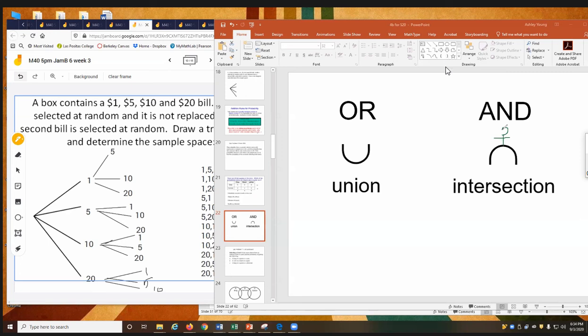Let me show you the pictures, the graphs, the Venn diagrams for these. For the and, the intersection, it's just this part here, just the part that's in both of them. For the or, you can be in this group, or in that group, or in both. You're all welcome. So this is everybody.